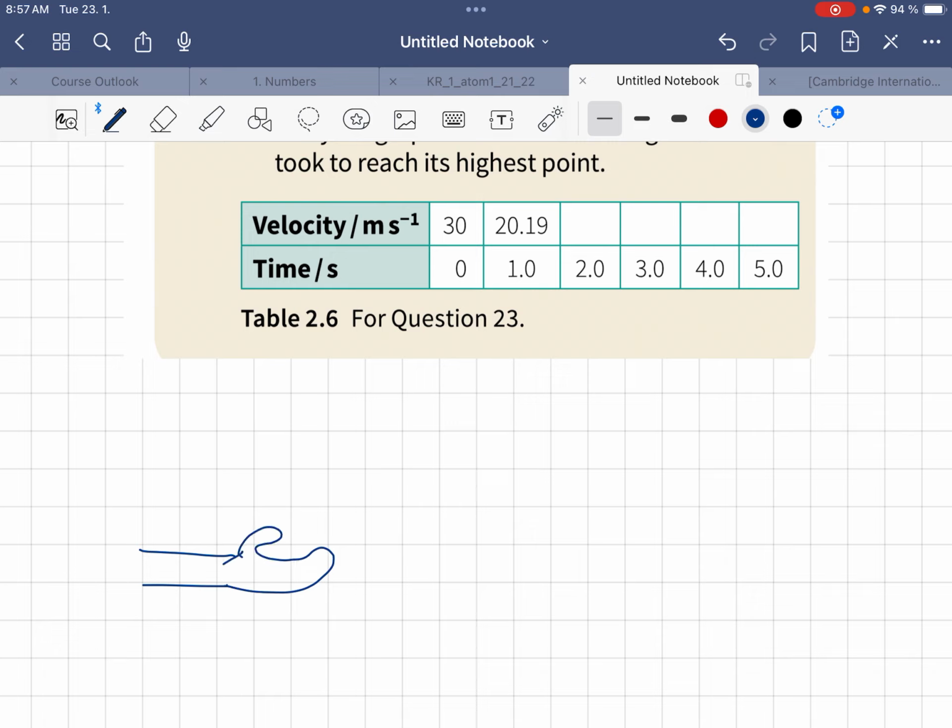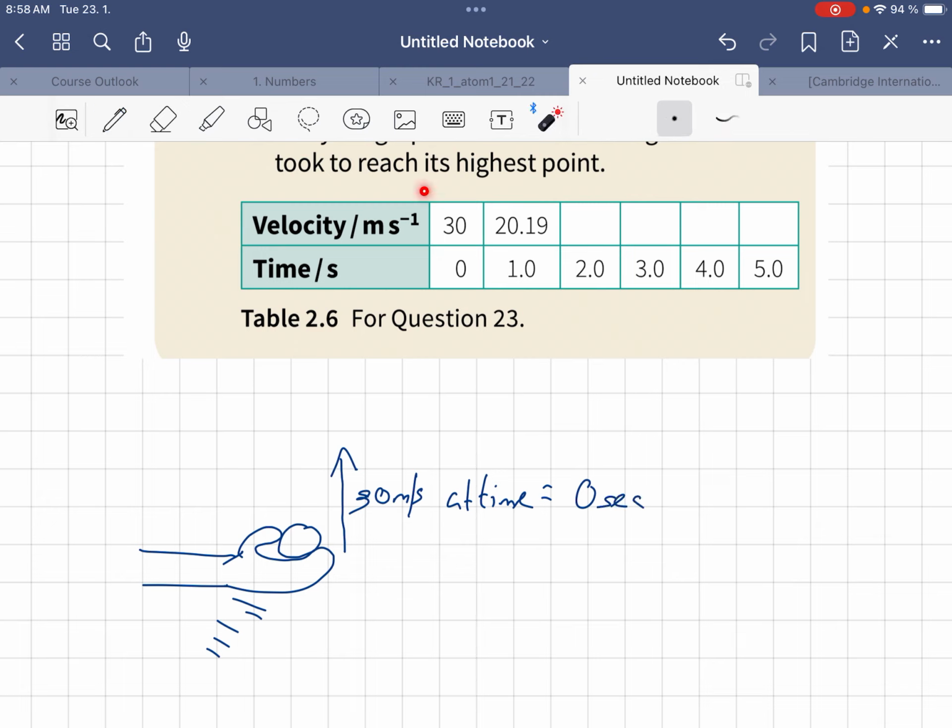Such an ugly hand, but the exact instant that the ball started to be thrown up, the moment you release the ball and it starts to move up, it had a velocity of 30 meters per second at time equal to 0 seconds. So that's what we have here. At the beginning of the throw, it was at 30 meters per second.